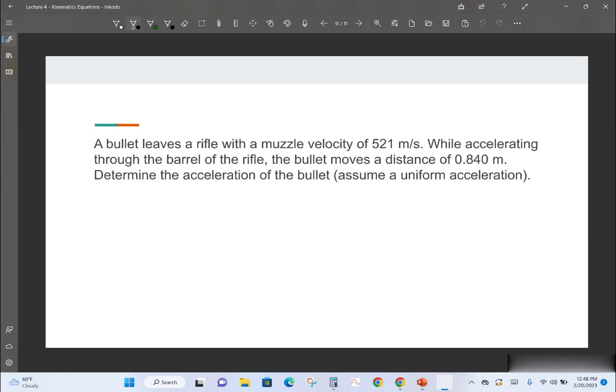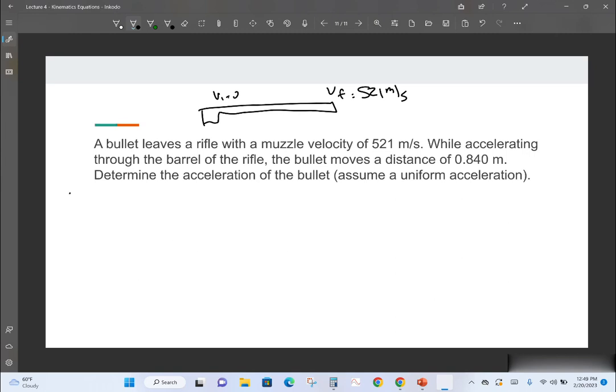A bullet leaves a rifle. So here's our rifle right here. It's going to start from rest and then it's going to leave at 521 meters per second. And it's going to go through a barrel that's 0.840 meters.